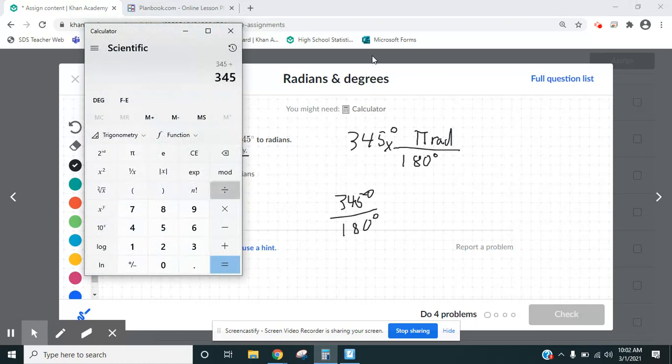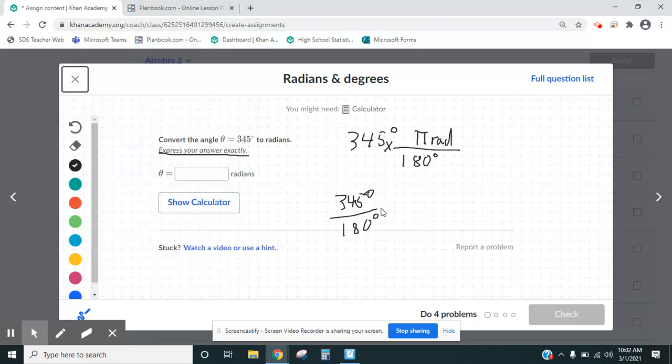The problem is if I do it on a calculator like this, it spits out that answer. That's not exact. We want a fraction as an answer. Some of your calculators will reduce these fractions for you. Some of you have to do it in your brain. Let's reduce 345 over 180. They can both be divided by what number right now? 5.